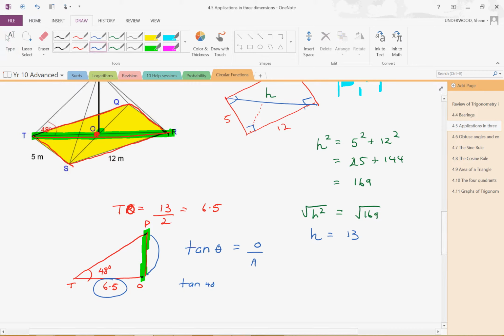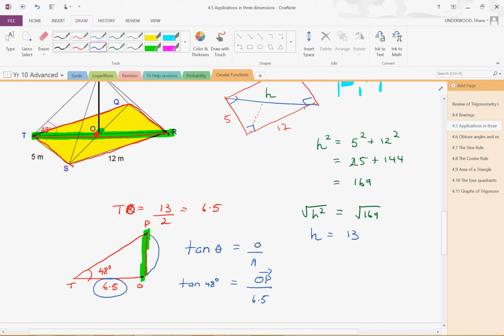Now let me just share something with you for the calculator. There's a few students who didn't get the right answer, and I'll go into why. The opposite is what we're looking for, we'll call that OP, the line OP, and the adjacent is 6.5.